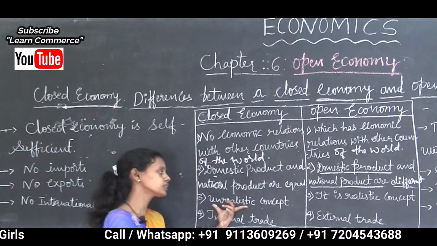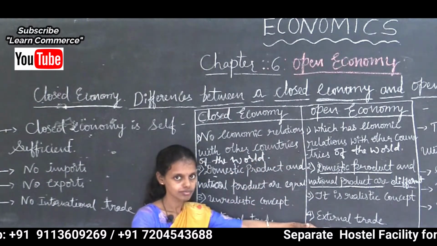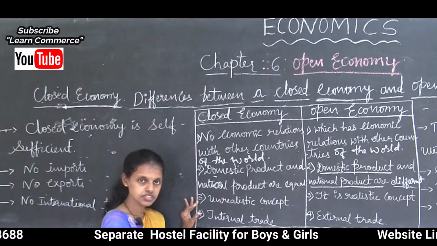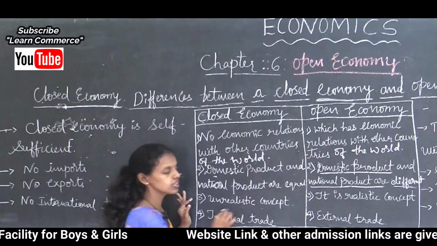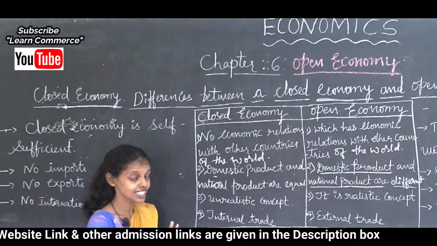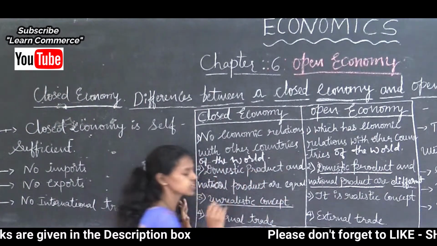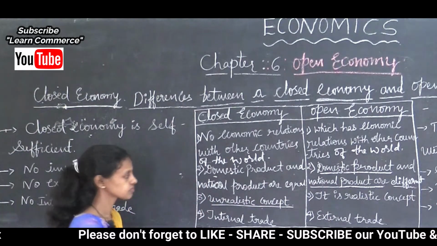It is unable to think about an economy without international trade. Thus, the closed economy situation is not at all realistic. It is an unrealistic concept or unrealistic situation of the economy.